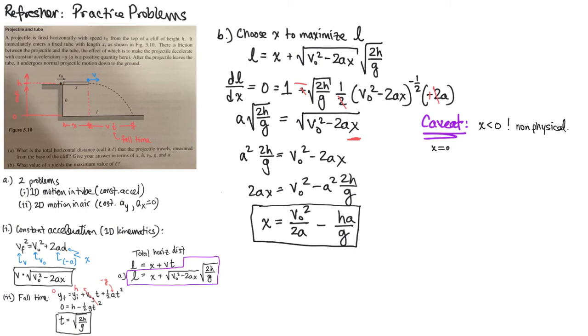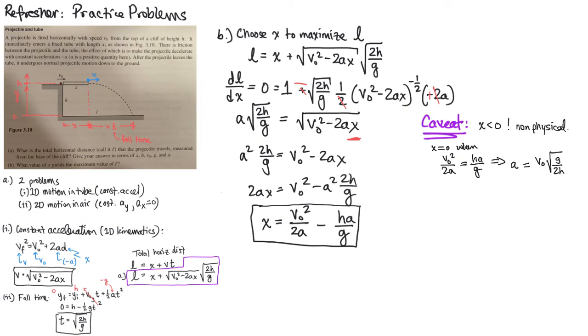So x is 0 when the two terms on the right-hand side are equal to each other. V naught squared over 2a is equal to HA over G. Okay, so that corresponds to an acceleration in the tube that is equal to V naught times the square root of G over 2H. You can rearrange and show that that's true.